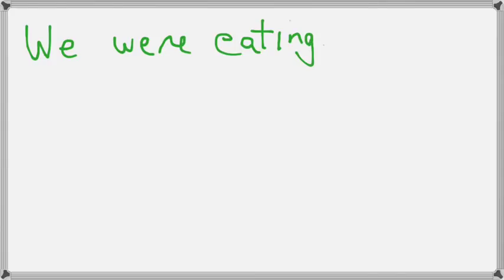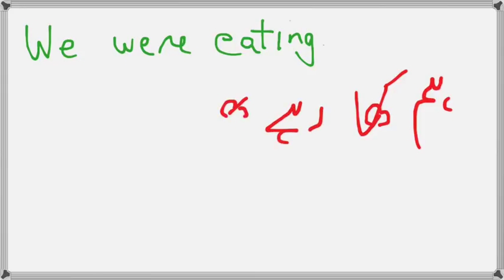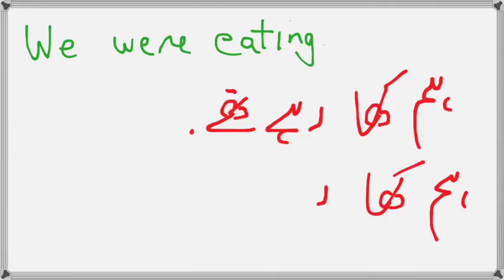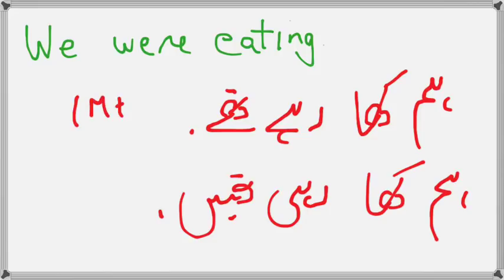Now if we are a male group or a mixed group, then we say हम खा रहे थे. And if we are only a female group, then we say हम खा रही थीं. This is male plus mixed, and it is only used for female group.